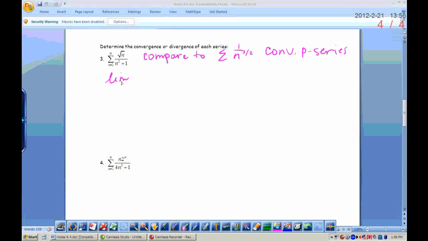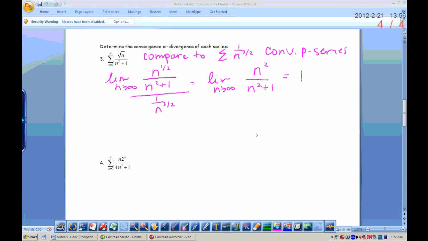All right, so I will take the limit as n approaches infinity of my original series divided by the comparison series. And when you flip the bottom and multiply, you end up with n squared on top and n squared plus 1 on the bottom.